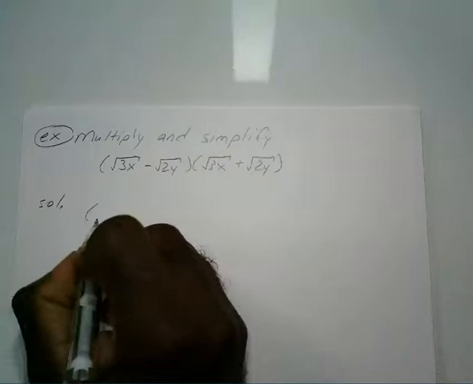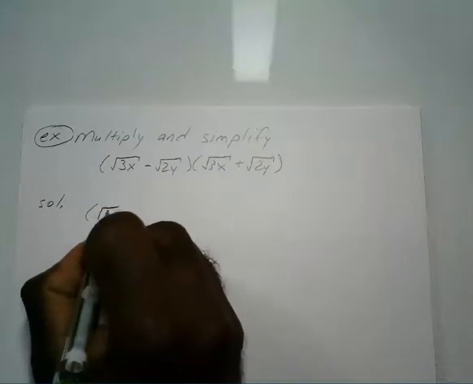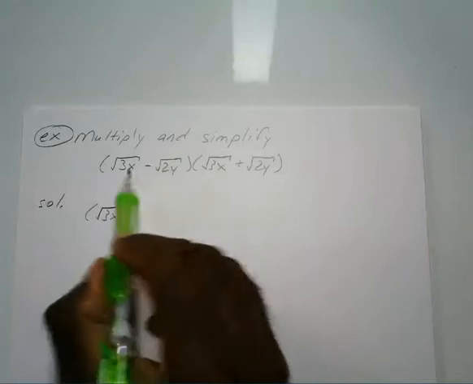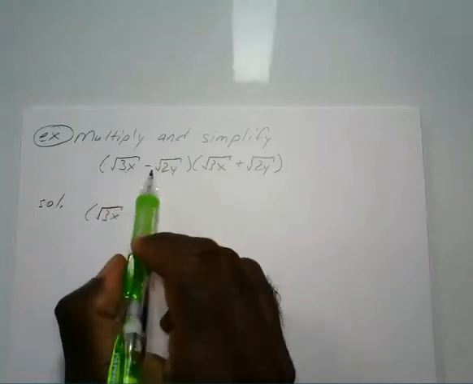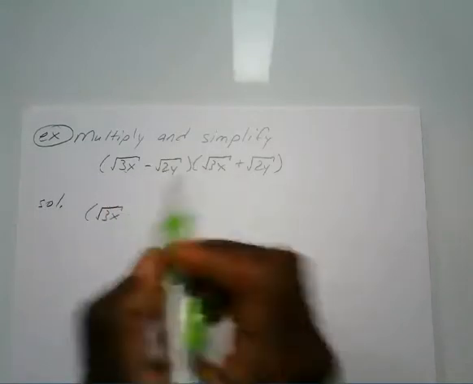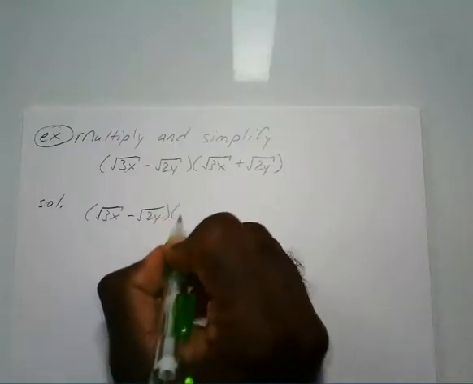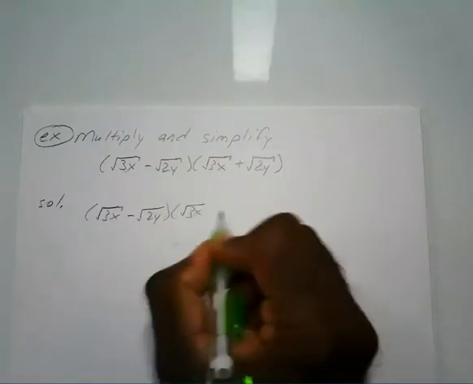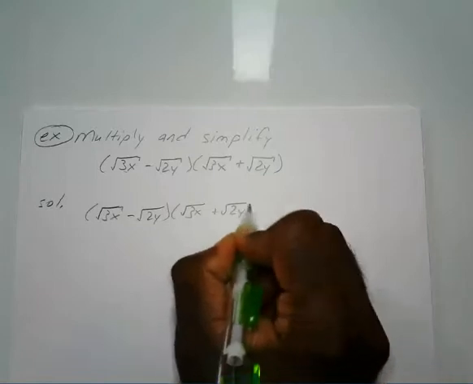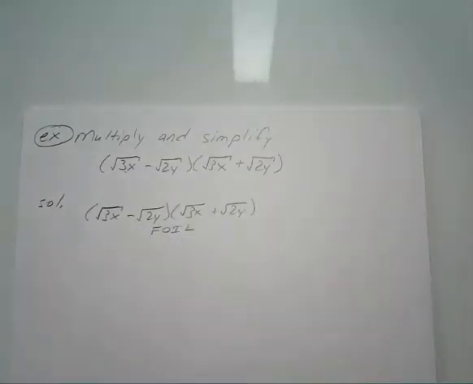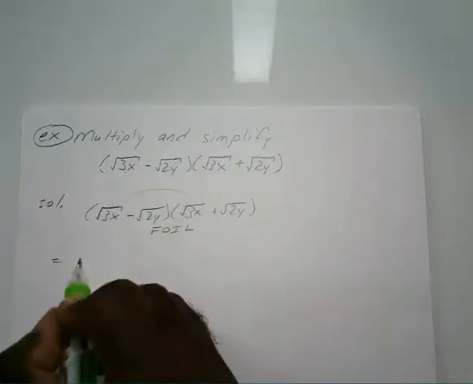Okay, so just like you would for any other problem where you have two terms that differ just by the sign, let me rewrite this. Square root of 3x plus square root of 2y. You just use your FOIL method. Okay, so you have your first, square root of 3x times square root of 3x.